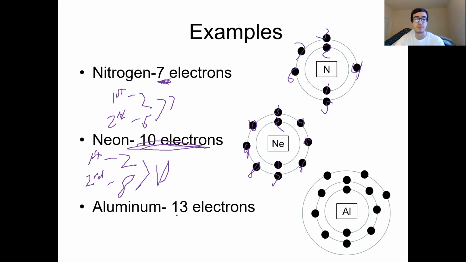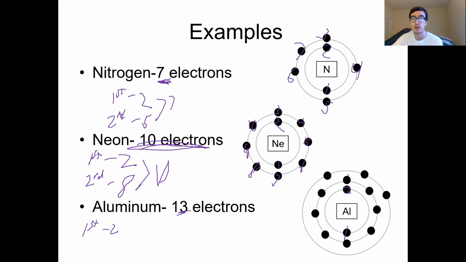What about aluminum? Aluminum has 13 electrons. So we start counting. 1, 2 electrons on the first shell. And now the first shell is totally full. But we're not out of electrons yet, so let's keep going.